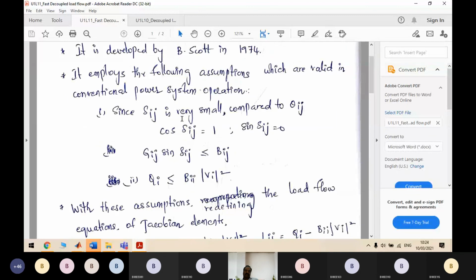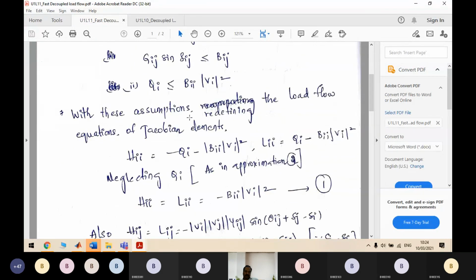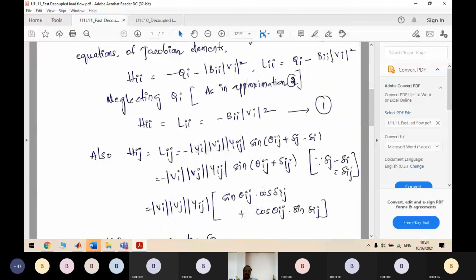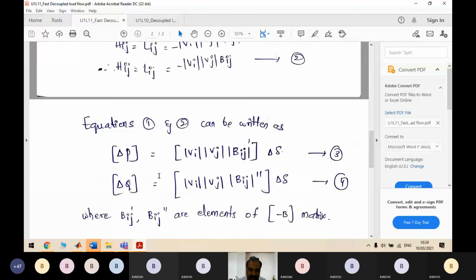In the fast decoupled method, note down the approximations, approximation number 1 and approximation number 2. Then employ these two approximations, determine the final expressions of Hij, Lij, Hii and Lii, and mention them in matrix formats.